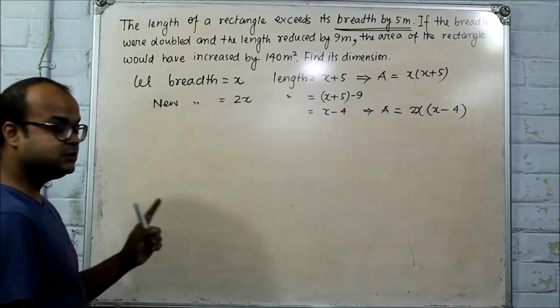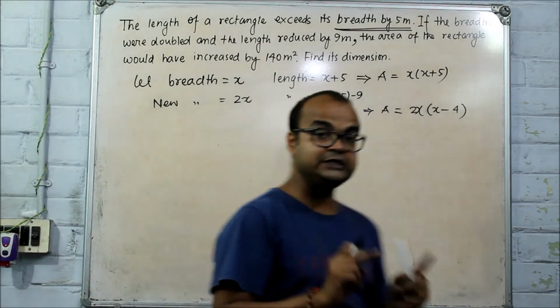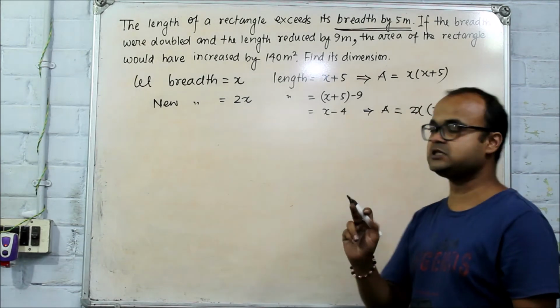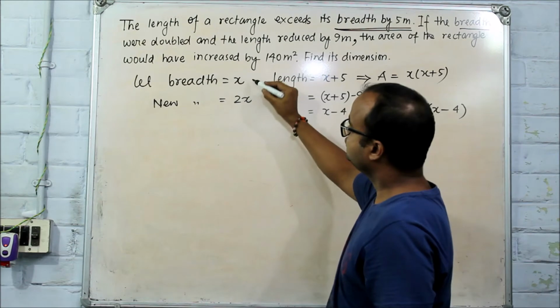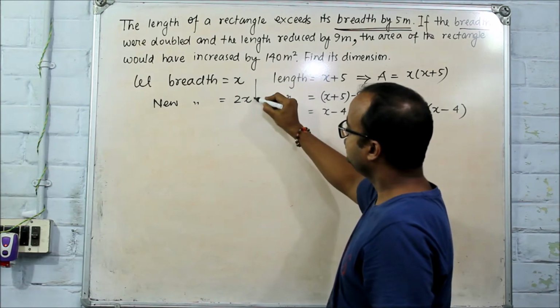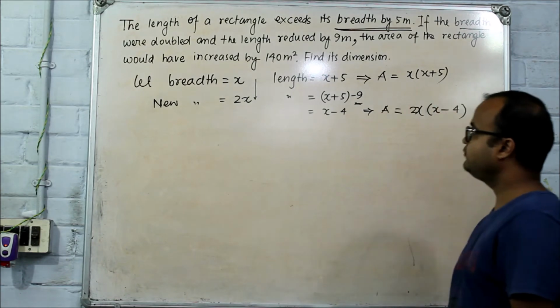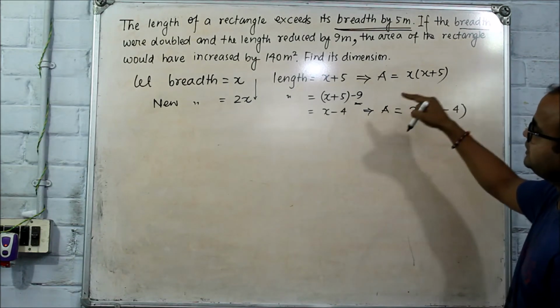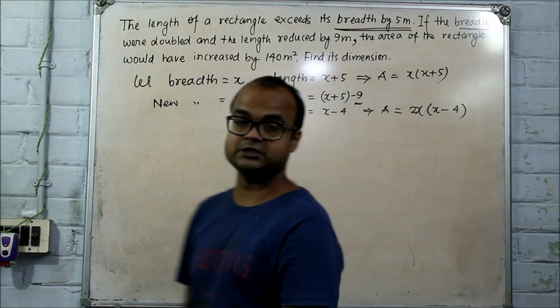So I read the question and I am following the instruction given in the sum. If the breadth were doubled, from x to 2x, and the length is reduced by 9, so I subtract 9 from the length.